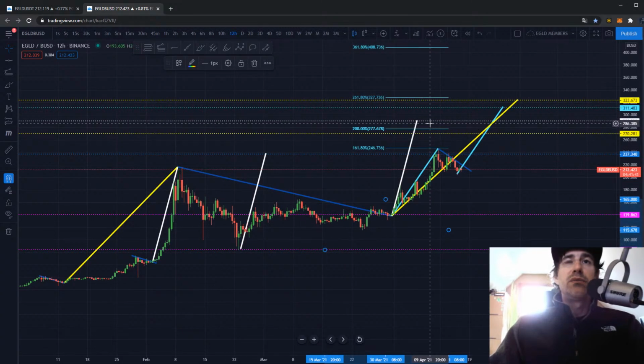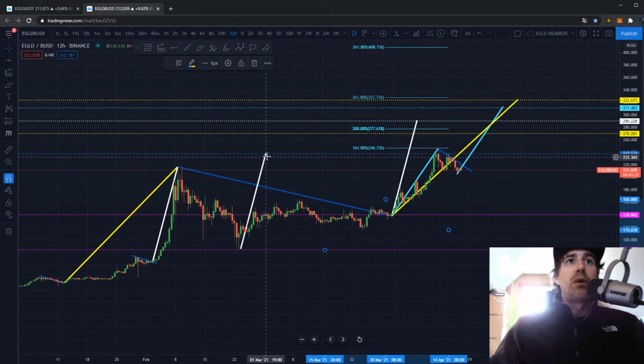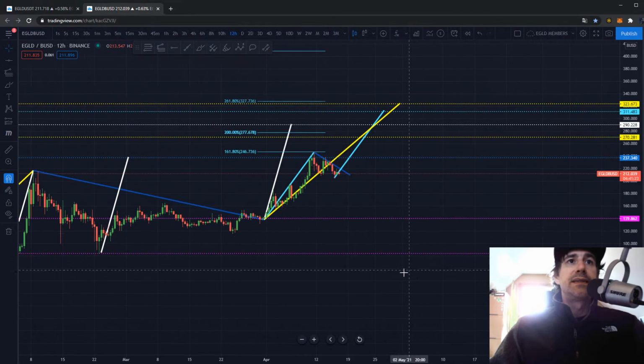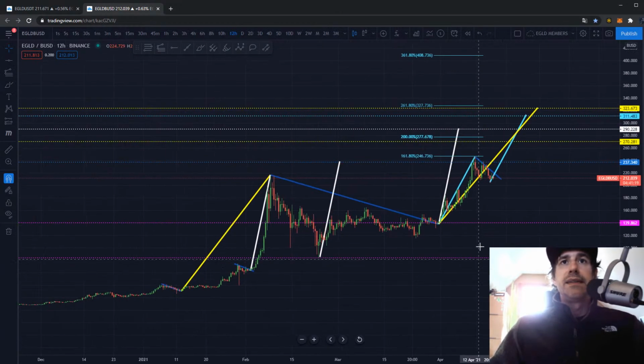And right there, we don't have any correlation. It's why here the target of this pole was real. And a lot of sellers were there anyway because the 161.8 was there. And let's figure out, okay, right here.